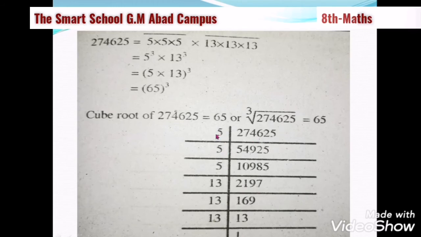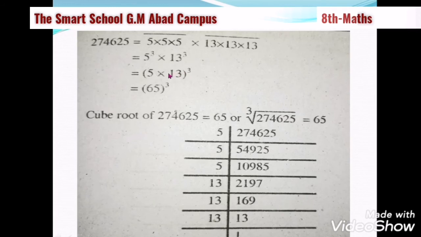We will write the number and in front of it its factors, and we will make triplets of these numbers. As we have done in squares, where we made pairs of the numbers, in the cube root we will make triplets of each number. When a number is multiplied 3 times, it gives us a cube. So 5 raised to the power 3 multiplied by 13 raised to the power 3.